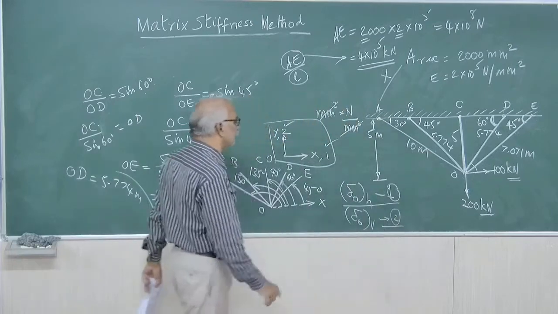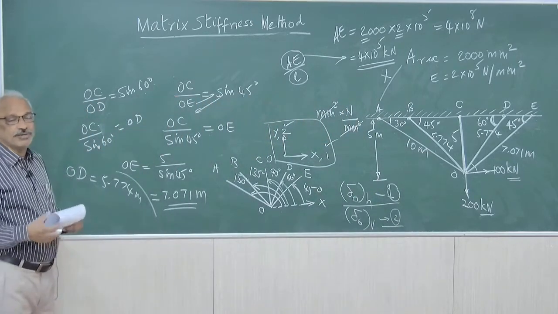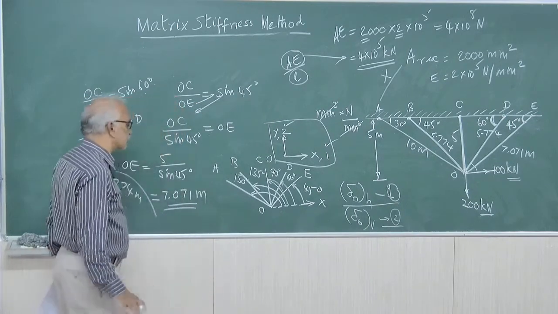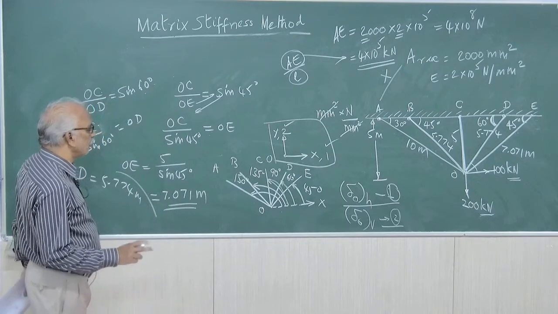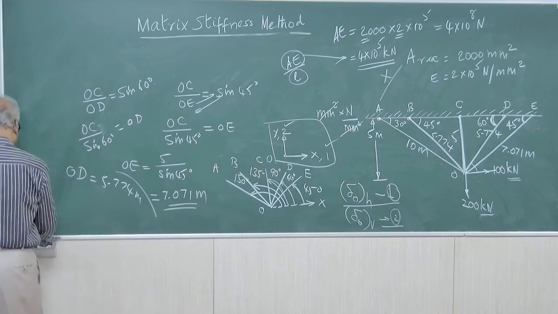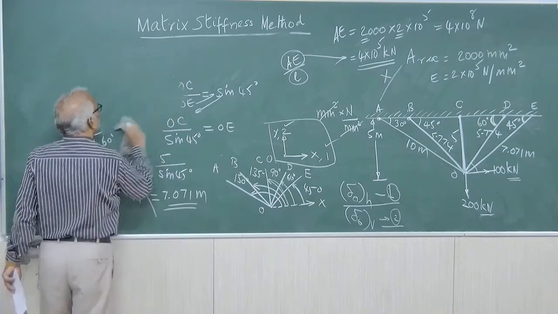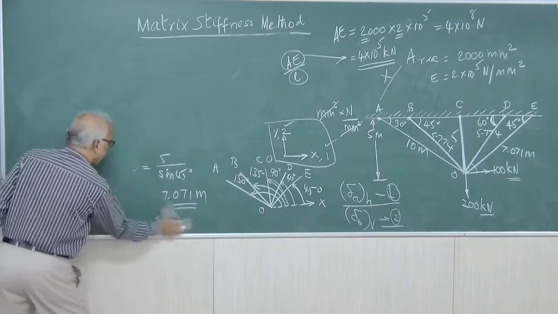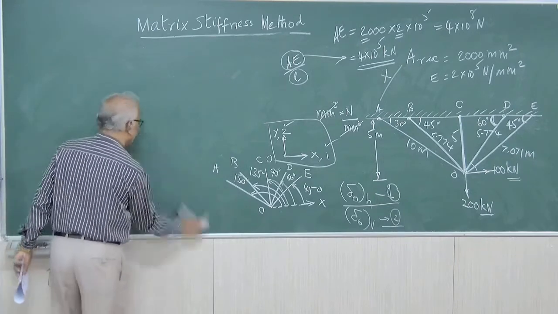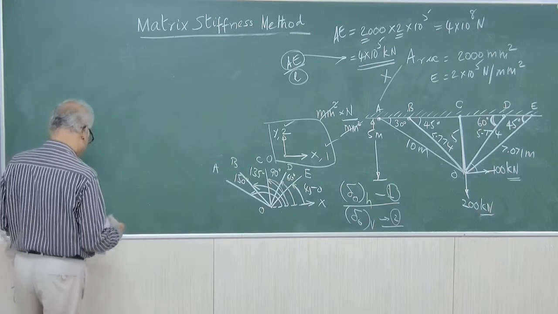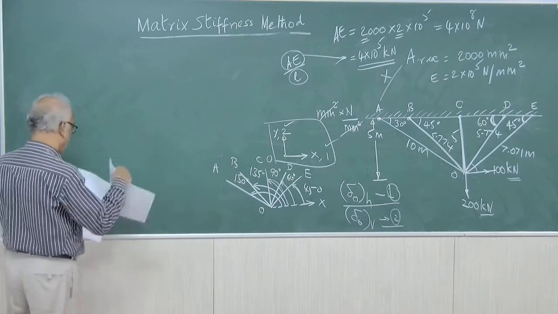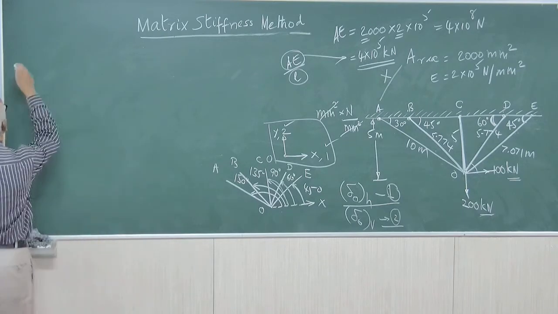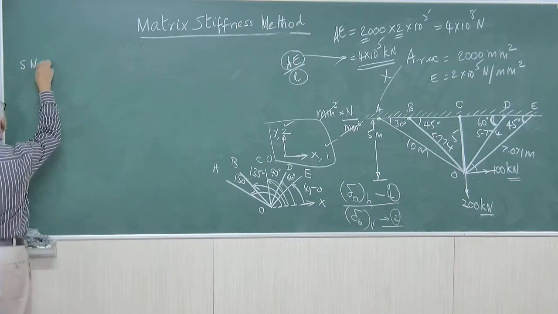So we need the lengths of members, and we have to find all the basic values needed for the calculations. Theta values are known, L values are known, and AE is given. Now we can go for the tabulation. Serial number, member.